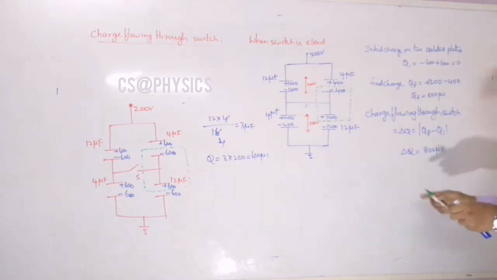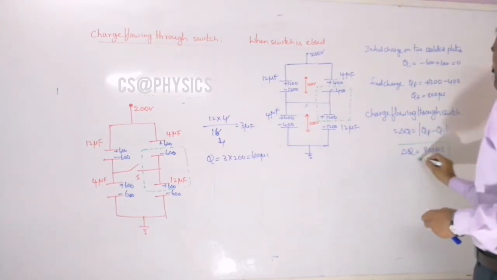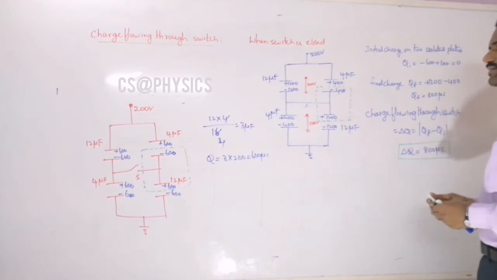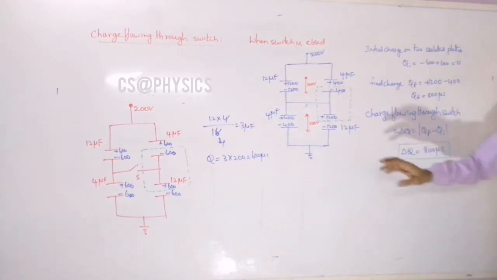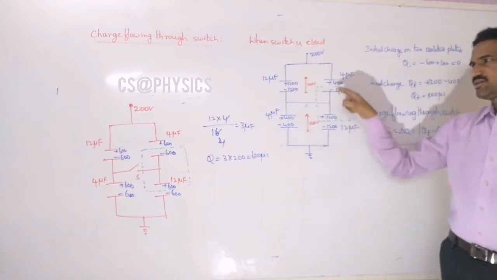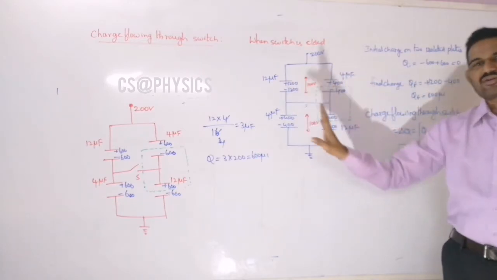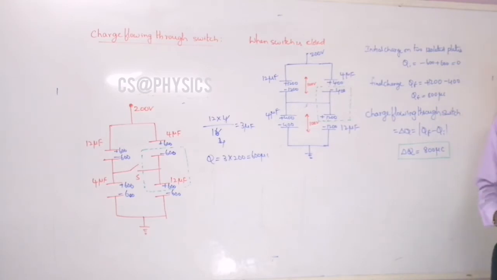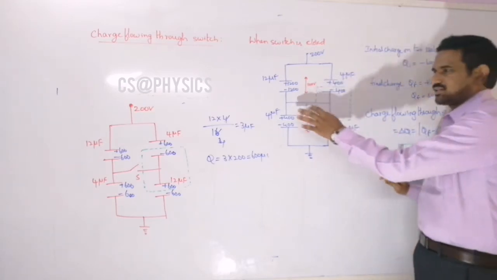So automatically you can observe that when you are taking the other side plates, you will get that minus 800 here. And again, if you are taking these two plates together, this total 4 plates together are isolated, so net charge on them will always be 0. So our switch is connected here.